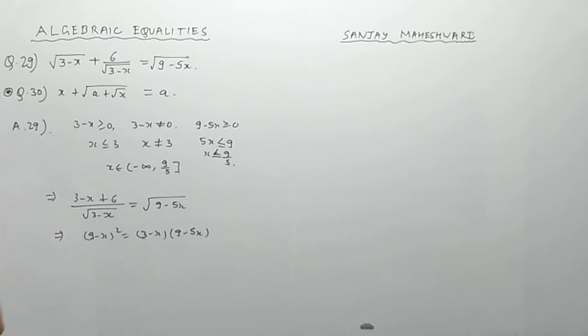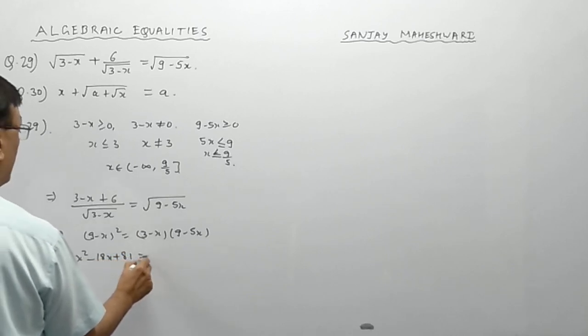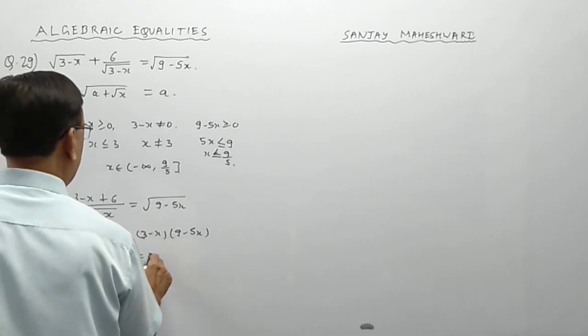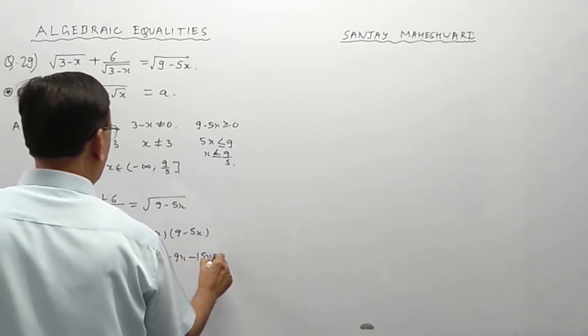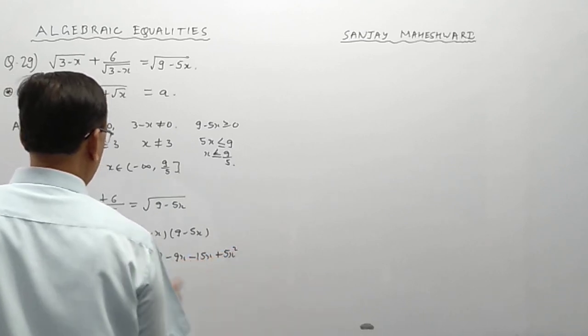So now we will solve it. x square minus 18x plus 81 is equal to 27 minus 9x minus 15x plus 5x square.